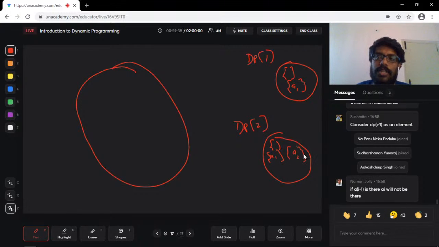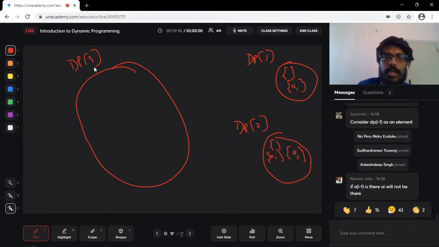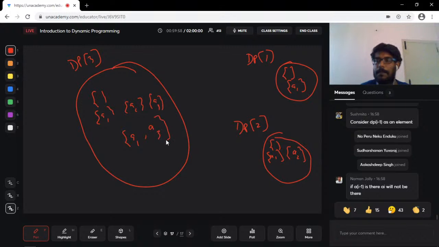My bag contains only the valid subsets. Let's say this is dp of 3. When I'm looking at dp of 3, I'll be considering the bag which has the empty subset, a1, a2, a3 and a1 comma a3, right?